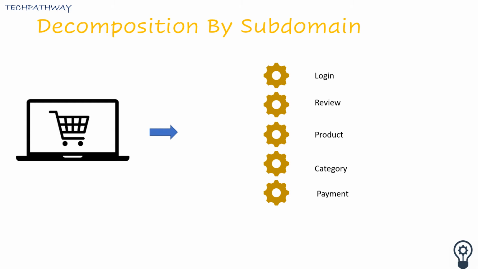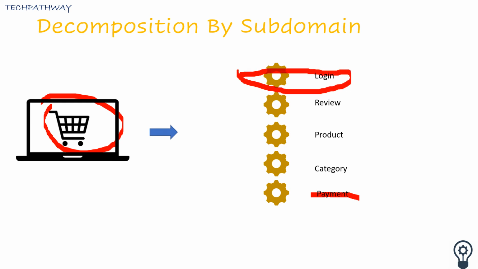Again, we take Amazon. A few services we can create, for example payment. Payment as a service, and the same payment we can include in the business as a business capability. We can create login as one service, and then we have seen review, which can also be a business capability.